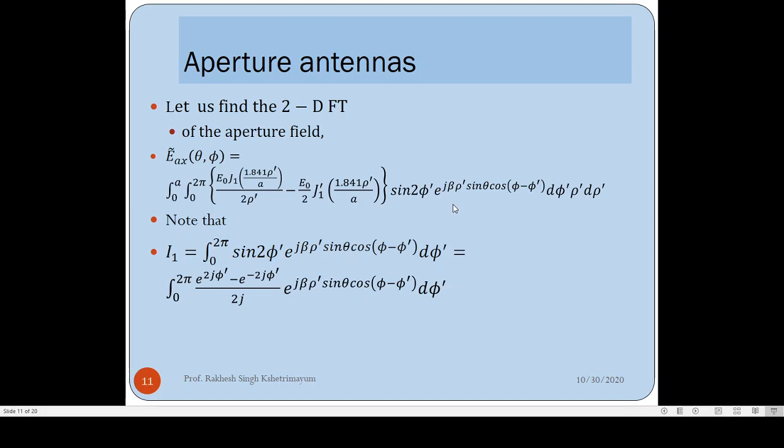For the 2D Fourier transform, you need to multiply this expression with the EAY and integrate it over d phi dash and rho dash d rho dash, then you will get the 2D Fourier transform.